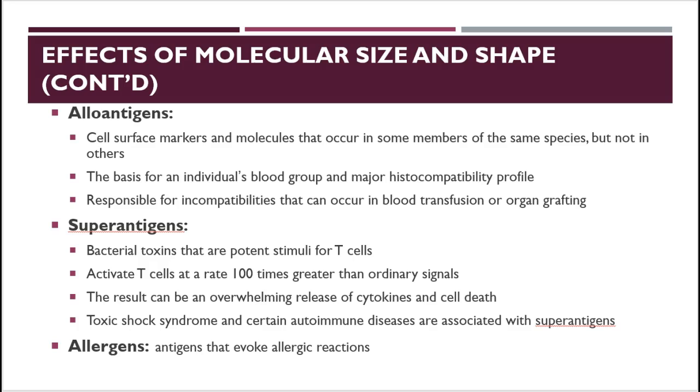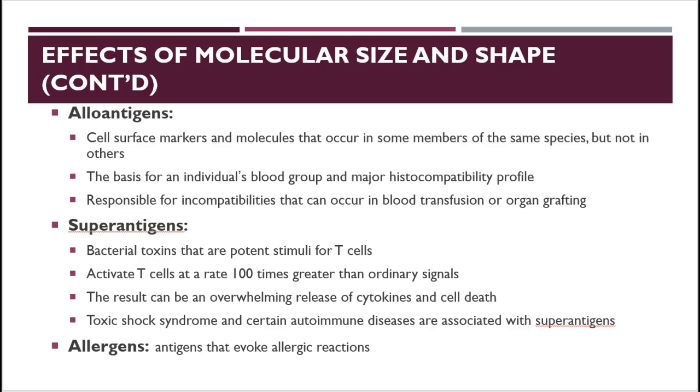There are also substances known as superantigens. Typically, these are toxins that are produced by bacteria. They can stimulate a hyperactive response from T cells. And when that happens, the T cells are going to produce an excessive amount of cytokines, and that will lead to cell death and tissue damage.